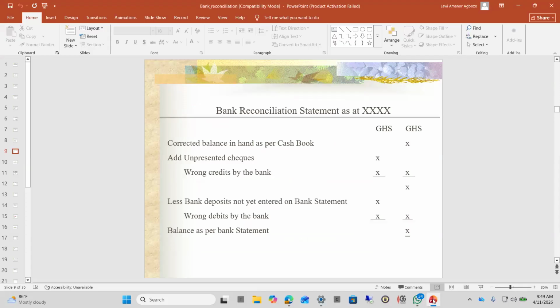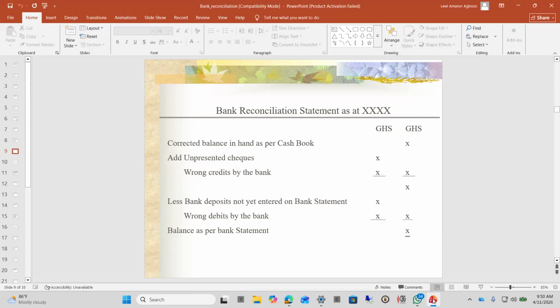This is the format, if you are doing the adjusted cash book. If you are correcting the cash book before you do the reconciliation, then you bring the corrected balance in hand as per cash book, or you can say balance as per adjusted cash book. Is that okay? You can make a note whilst I speak.